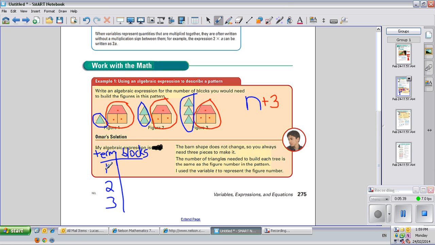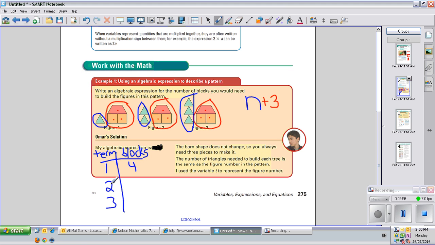For term number 1, if you substitute 1 in for your n, 1 plus 3 is 4, which means there should be 4 blocks total in figure 1, which there are 1, 2, 3, 4.